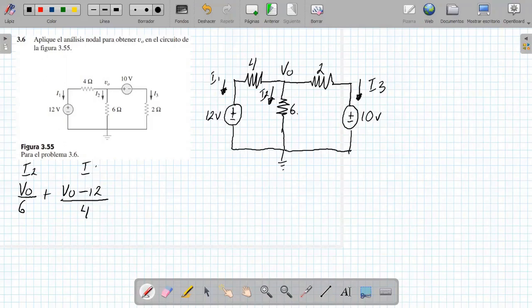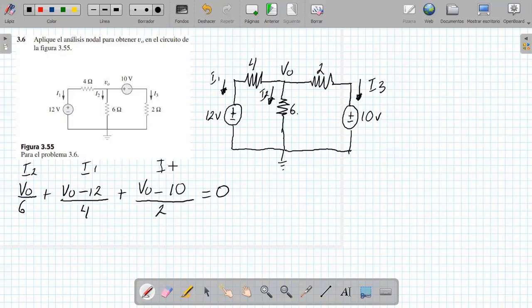This is the current I1, plus the current I3, which I already drew here, which would be the voltage V sub 0 minus the 10 over the 2 ohms. All this equal to 0, the sum of currents in a node equal to 0.